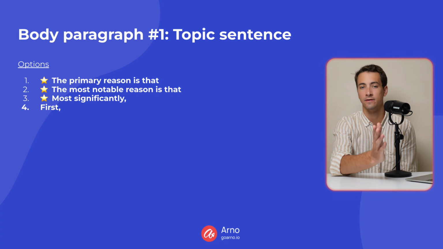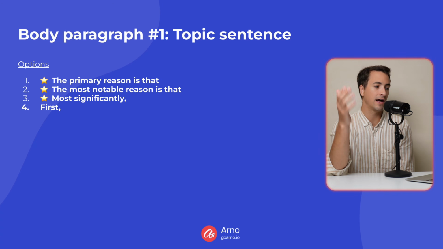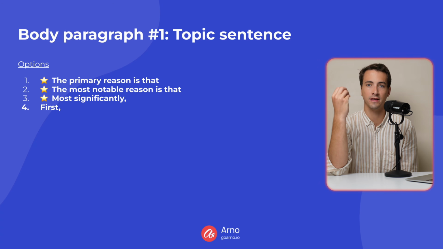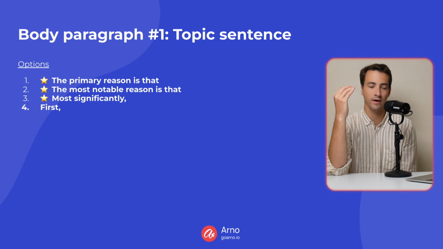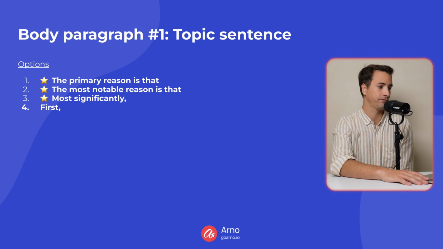And 4 is "First." So all 4 of these work just fine. "First" is the easiest to remember, but it's not the most complex or advanced. The first 3 are more advanced and will get you some more points if you can remember them.